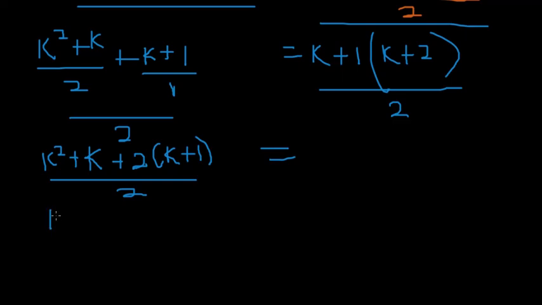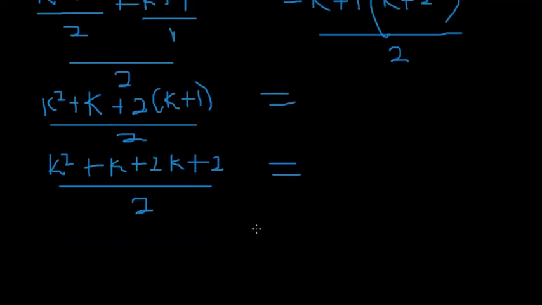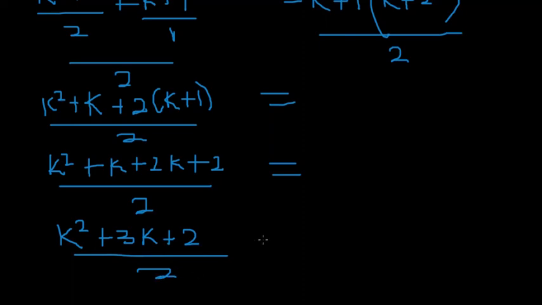Then we have (k squared plus k plus 2k plus 2) divided by 2. Further simplifying this, we get (k squared plus 3k plus 2) divided by 2. So we have expressed this in the simplest form.